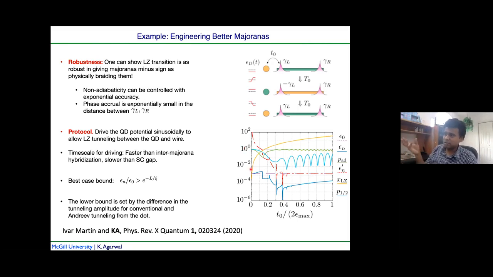The Majoranas initially were hybridized in this particular case by some energy that's 10 to the minus 3 of the local energy scale. And as you drive, you can come down to hybridization of the order of 10 to the minus 5. So two orders of magnitude smaller. And in principle, we've now come up with other protocols, slightly more complex than this, that can actually reduce the hybridization by many, many more orders of magnitude.